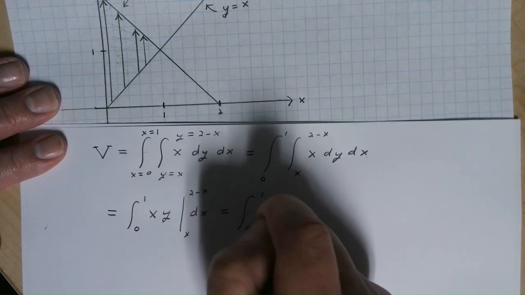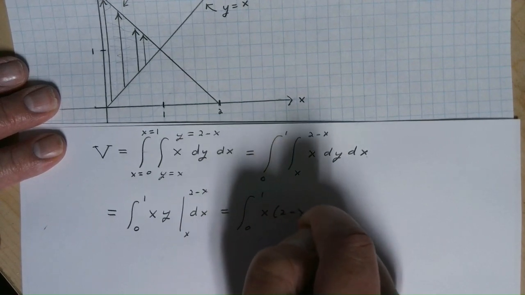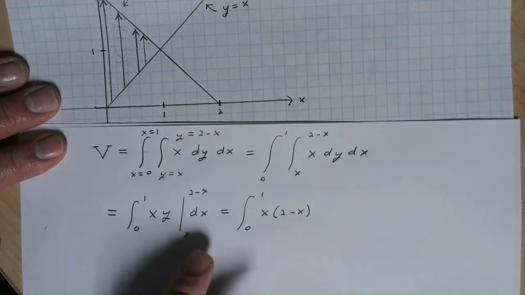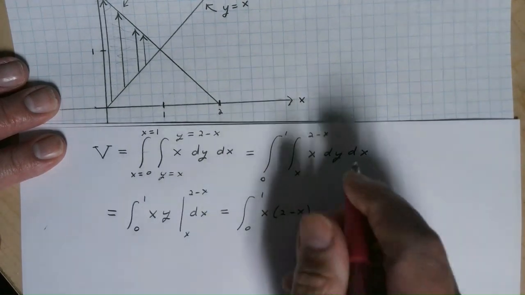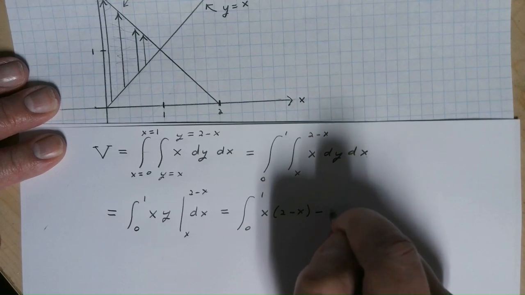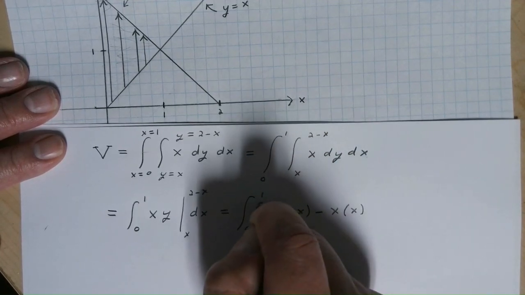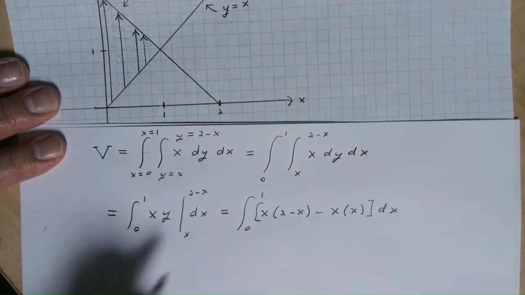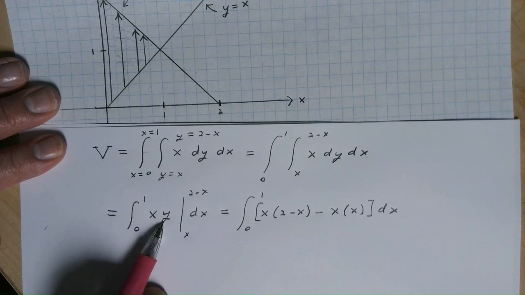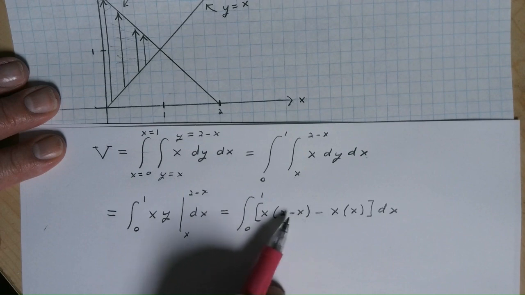Then substitute your bounds. 2 minus x for the upper bound. We're substituting for y in that upper bound, minus x times x, like this, dx. Again, all I did was put this in for y, minus this in for y.